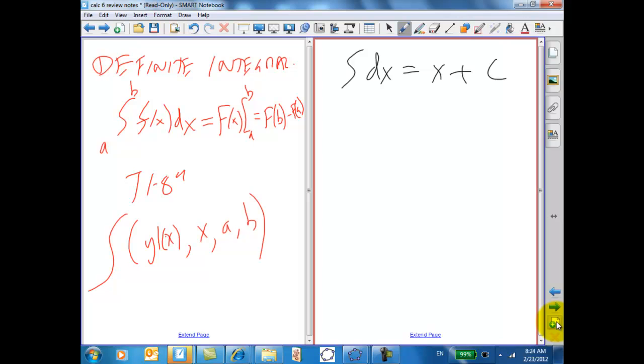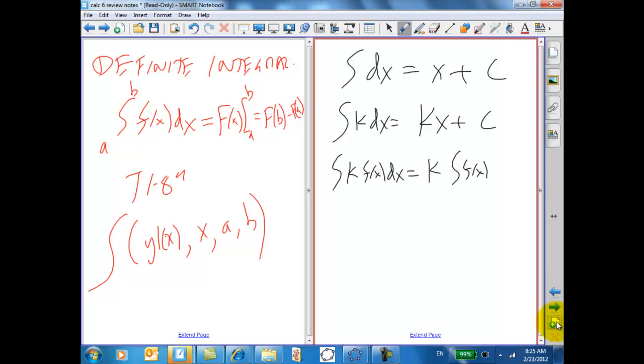What if you have the integral of k dx, where k is a constant? It's kx plus c, because the constant multiplier can come outside. So the integral of k times f of x dx is k times the integral of f of x dx. Notice I don't put a plus c there because I haven't done the antiderivative yet. Those are some handy little rules.